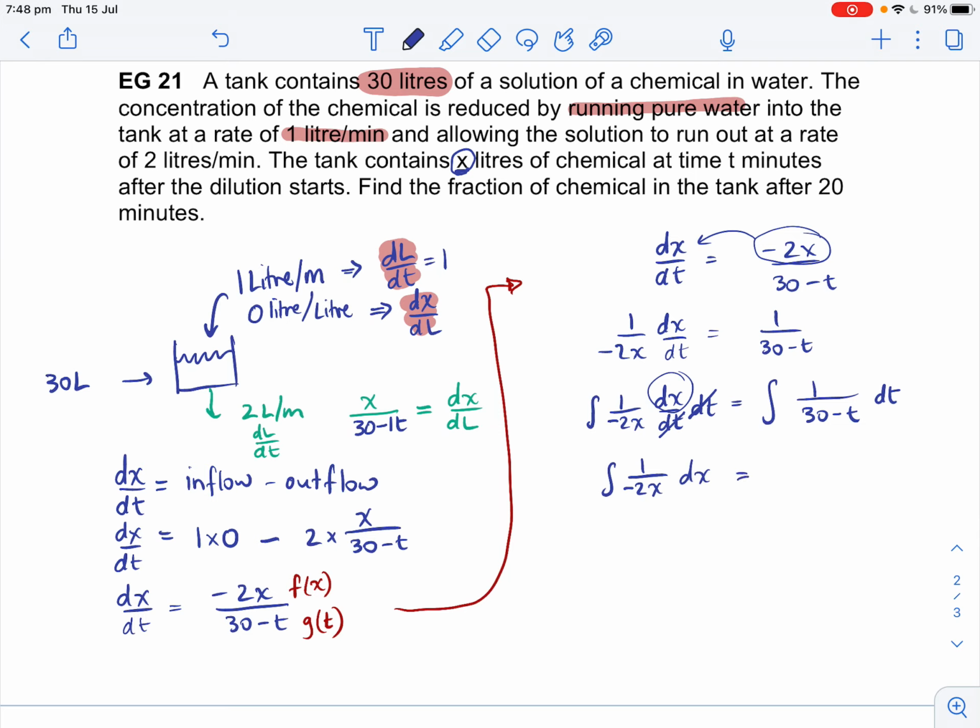So I can anti-differentiate the left-hand side with respect to x, and I can anti-differentiate the right-hand side with respect to t.